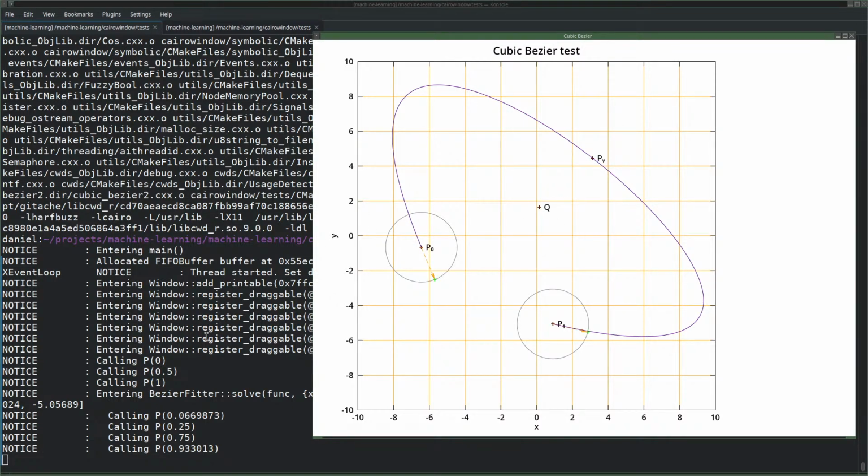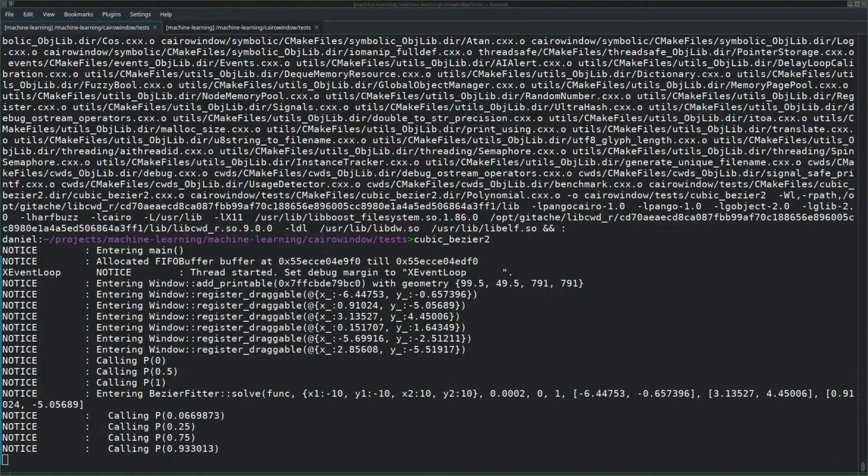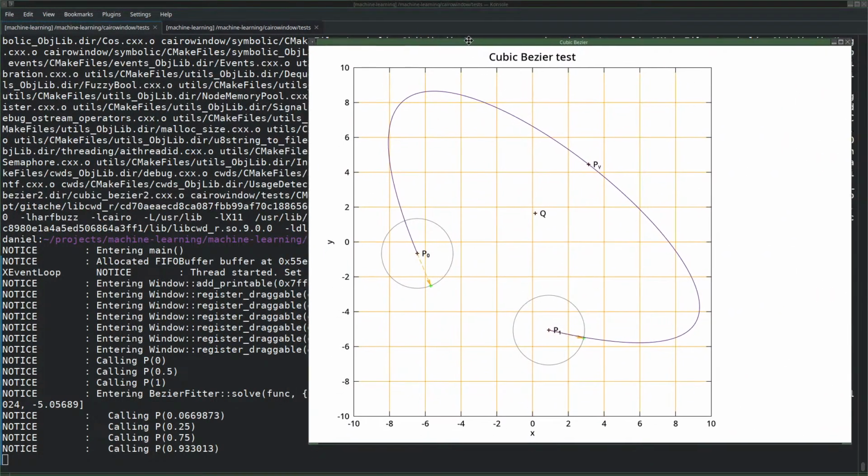The calling of the lambda doesn't do anything. I think the only thing that it does is to check if these points are on the current curve, and then calculate the error. And then if the error is too big, it wants to split it up. The error is almost 0, so it does not try to split it up.